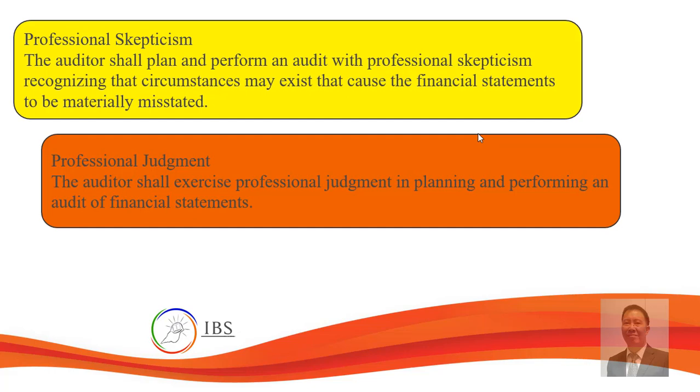It should be noted that professional judgment may vary between the seniority, maturity, and experience of the auditor. So, generally, a more experienced auditor will have much better judgment with regard to audit work.